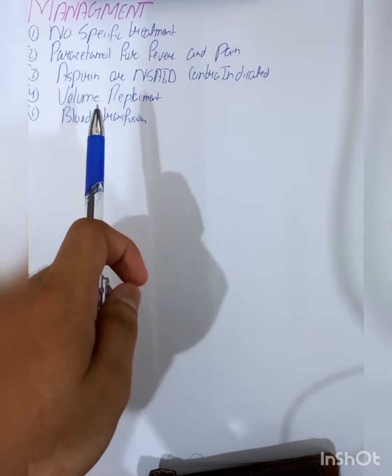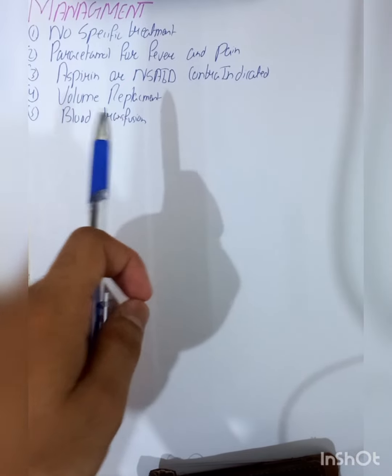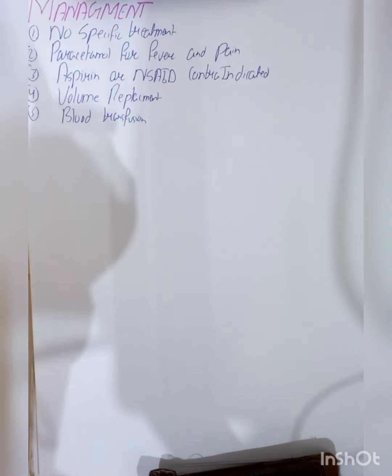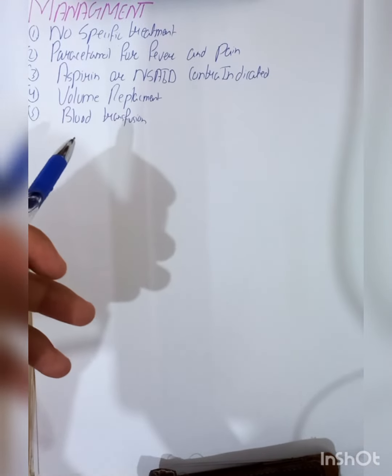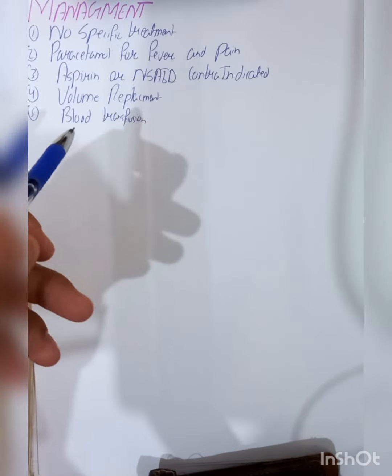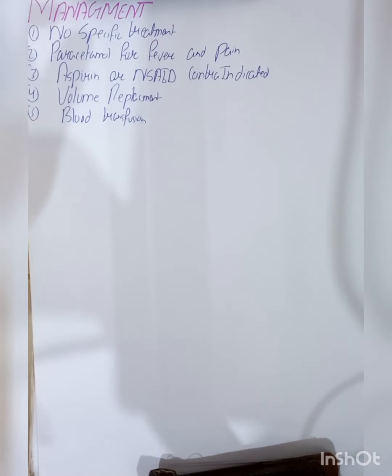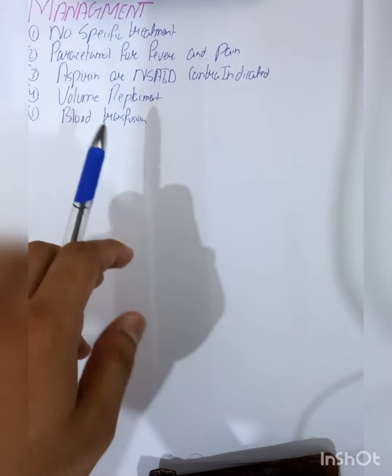We will not give aspirin or NSAIDs, they are contraindicated, because as you know there is thrombocytopenia, and aspirin or NSAIDs inhibit COX-1 and COX-2 and decrease platelet adhesion and aggregation, leading to more severe symptoms of dengue fever.